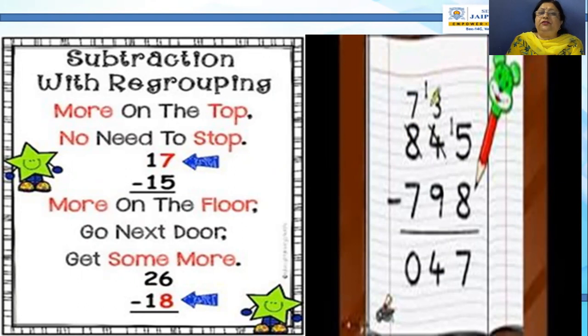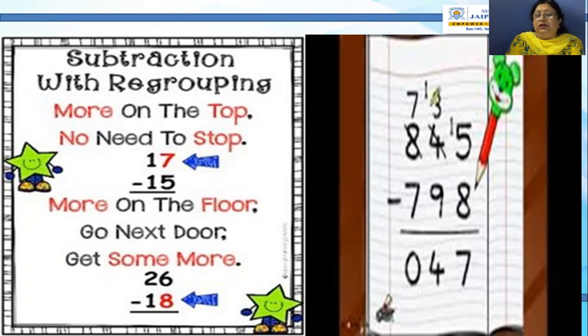More on the floor means more down. If the number to be subtracted is more than the number which is up, then you have to go next door, borrow from next door and get some more. For example, the number is 26 minus 18.